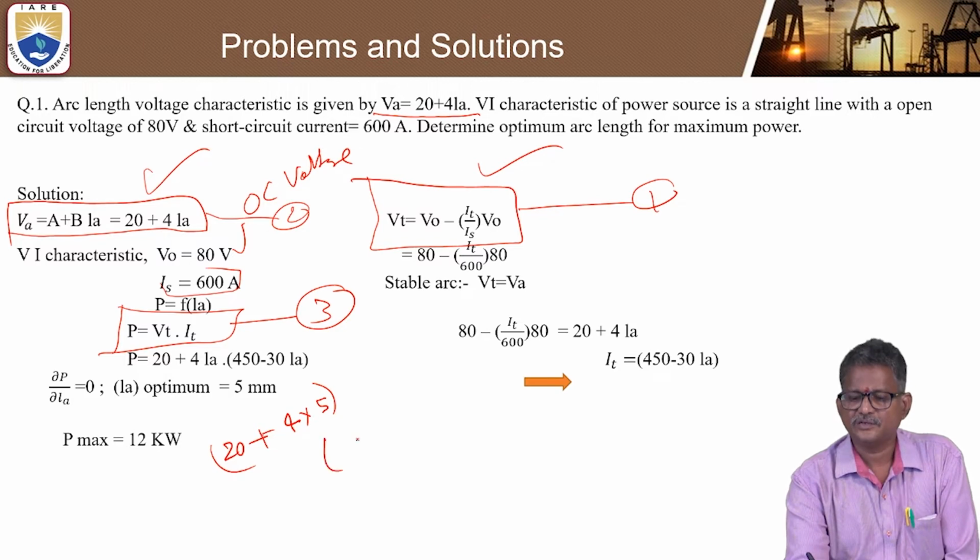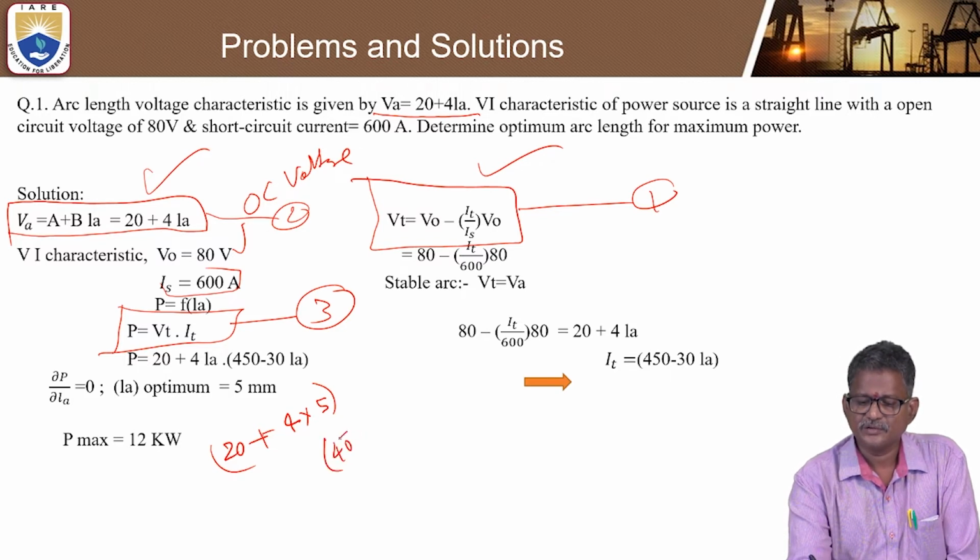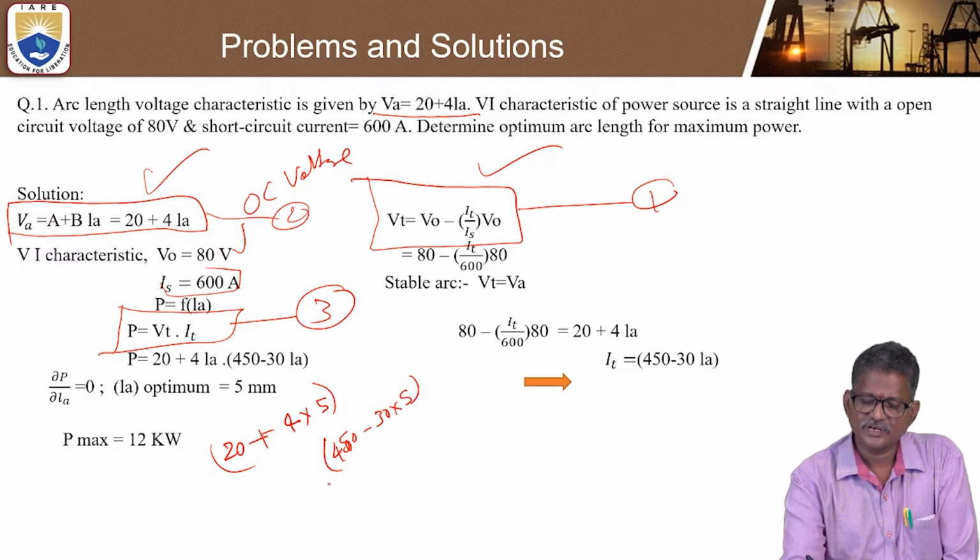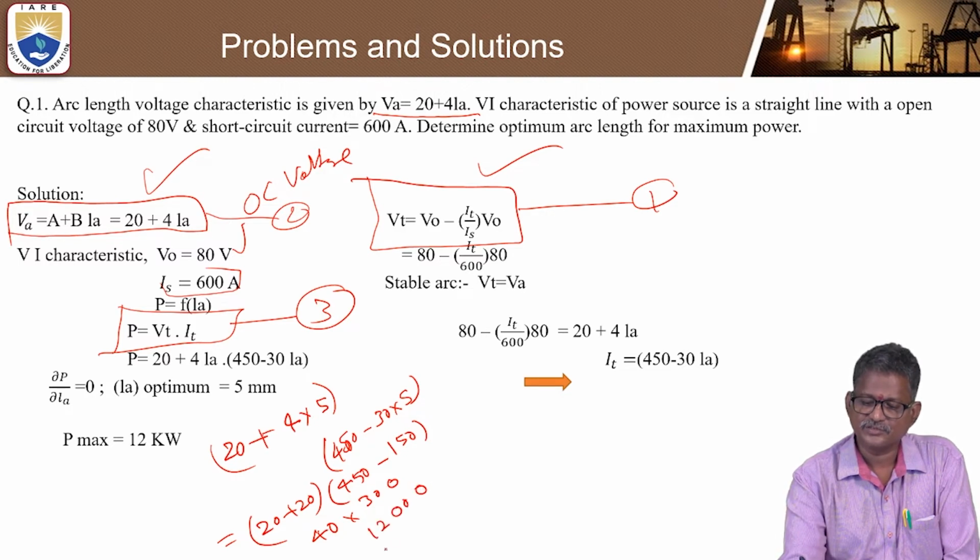Then 450 minus 30 into 5. So that is equal to 20 plus 20 into 450 minus 150, which is 40 into 300, so 4 times 3 is 12, giving 12,000 watts. That is 12 kilowatts.